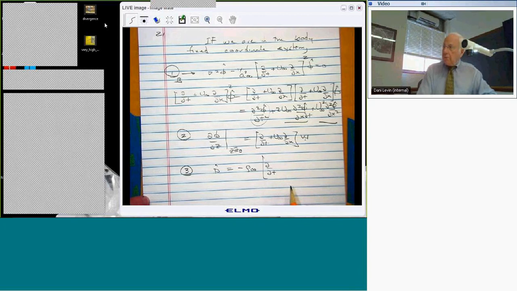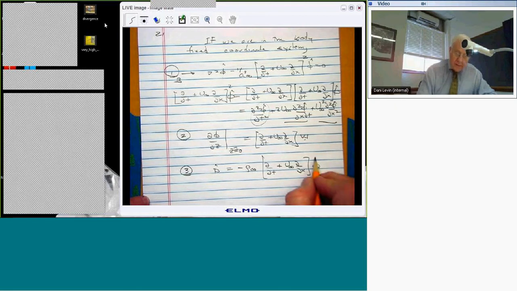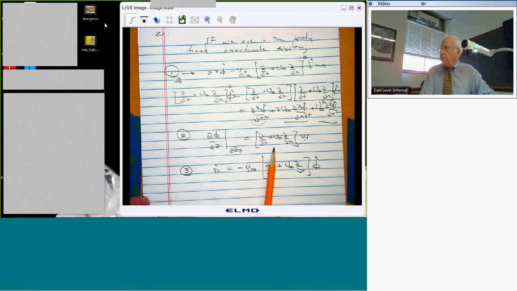But you'll not be surprised by this time, I hope, that it's that plus u infinity d dx of the velocity potential, which means that even if this doesn't change with time, there's still a non-trivial contribution to the perturbation pressure once I sit in the body fixed coordinate system.